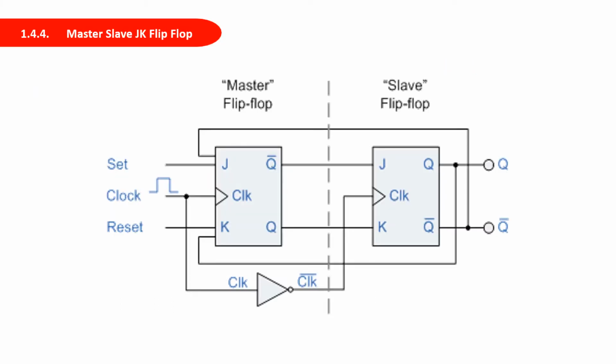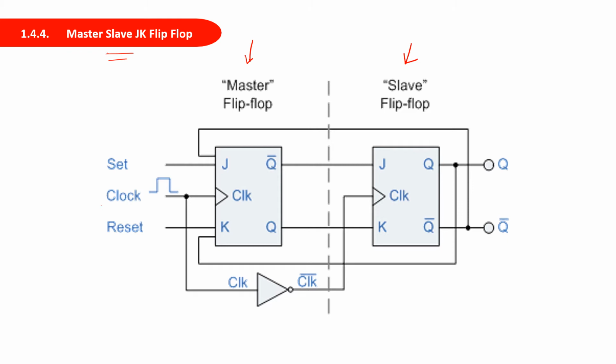Now, to overcome the race around condition in the JK flip-flop, we use a master slave JK flip-flop. As the name indicates, in the master slave JK flip-flop we have one master JK flip-flop and one slave JK flip-flop. Here you can see that two flip-flops are there.